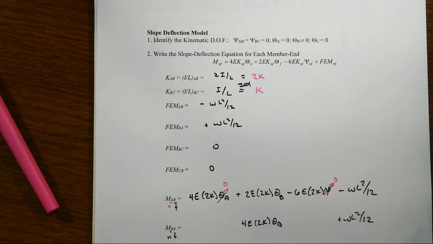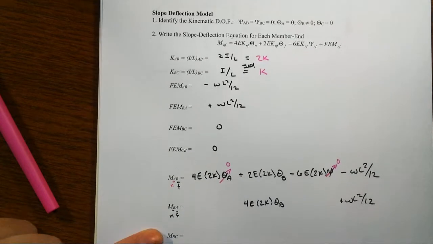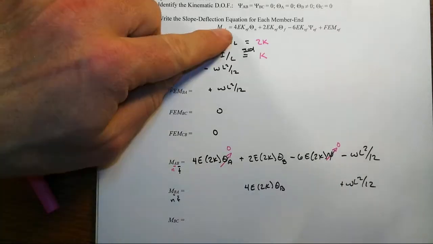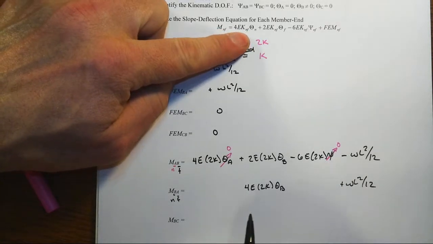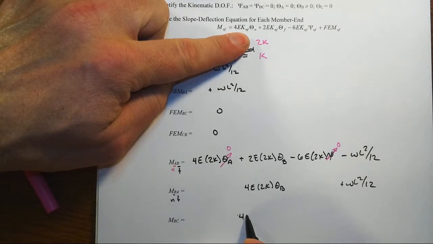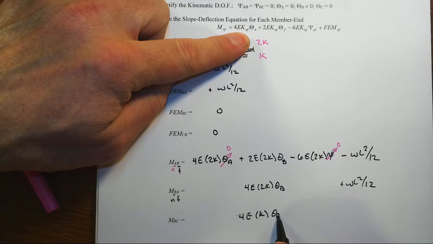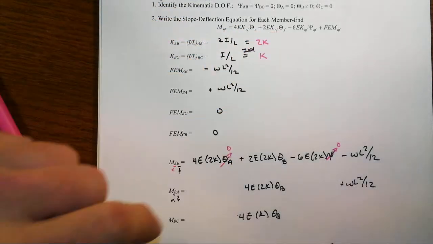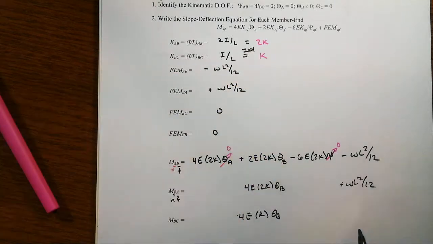And then for MBC, it becomes even simpler here because we're at the B end of BC, so that's the near end, so we'll have 4E times just K times theta B. We have no chord rotation term, the far end term is 0, and we have no fixed end moment. That's it.